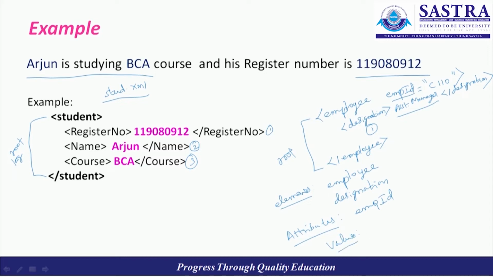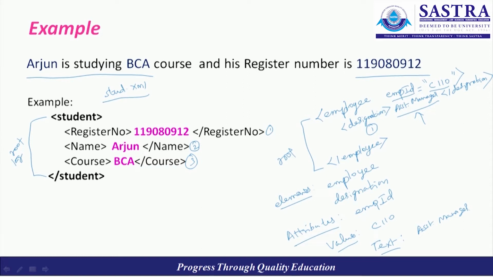What are the values I have? Values, in the sense, it means attribute values. So, C110 is a value. What is the text I have? The text is only assistant manager. These are components of an XML document.